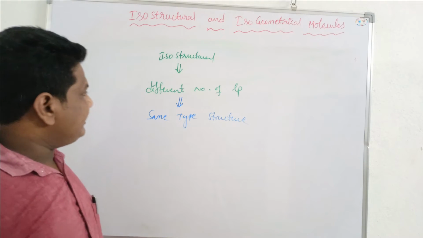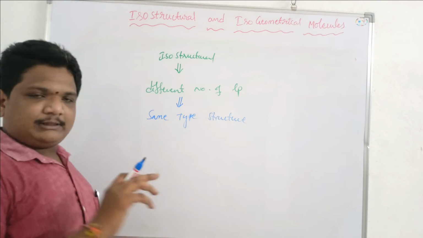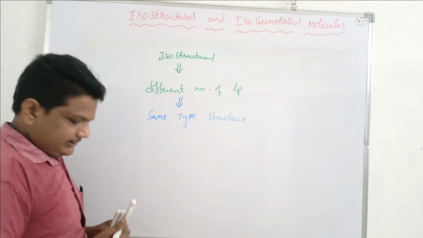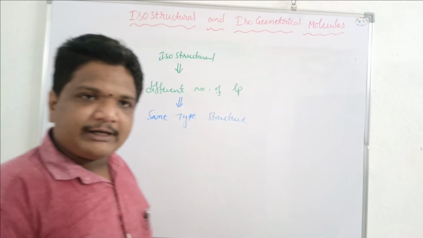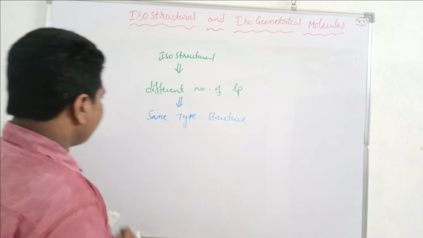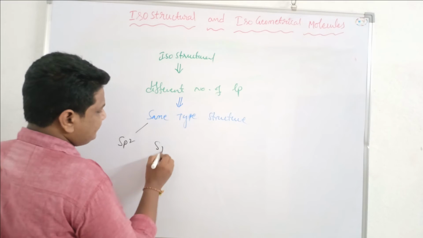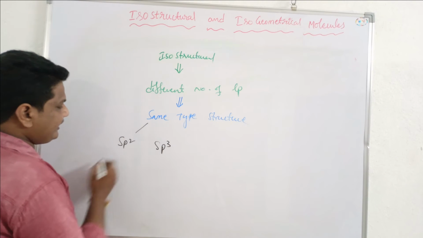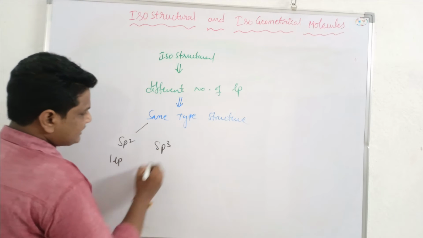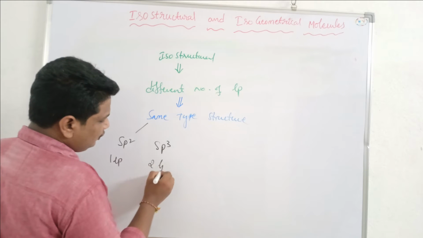This kind of situation we can observe with sp2 hybridization and sp3 hybridization: sp2 hybridization with one lone pair and sp3 hybridization with two lone pairs.